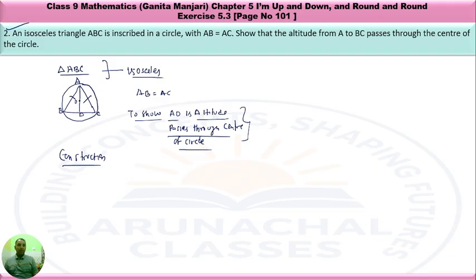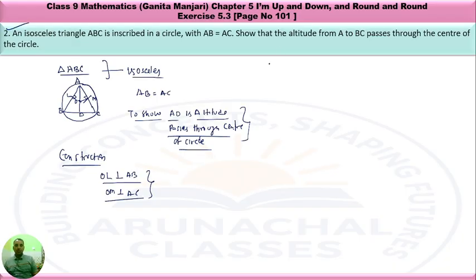Join OL, with OL perpendicular to AB. Join OM perpendicular to AC. So OL is perpendicular to AB and OM is perpendicular to AC, that we have to draw. This is the general construction we need for completing the question.